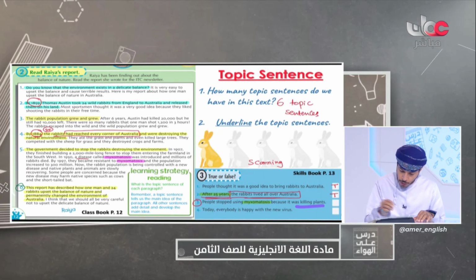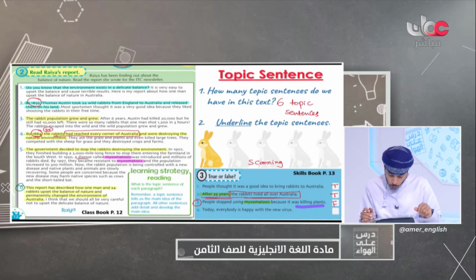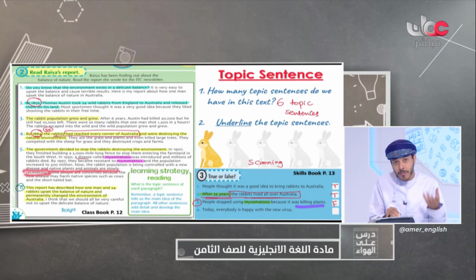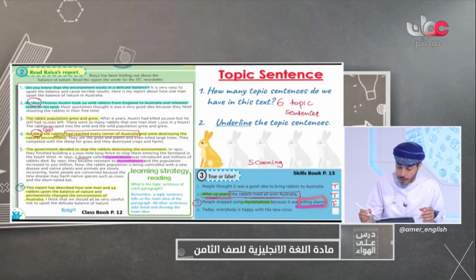So the answer for this one is false. And if we move forward to read about this, it is written here, native plants and animals are slowly recovering. So it recovers plants and animals. It doesn't kill plants. Okay, so the answer is false.